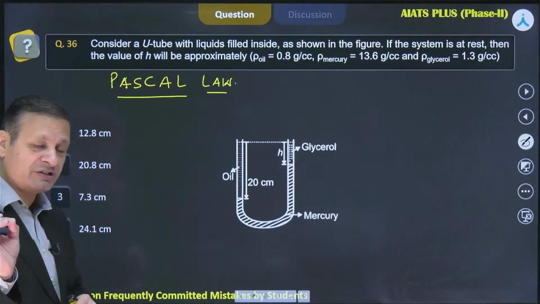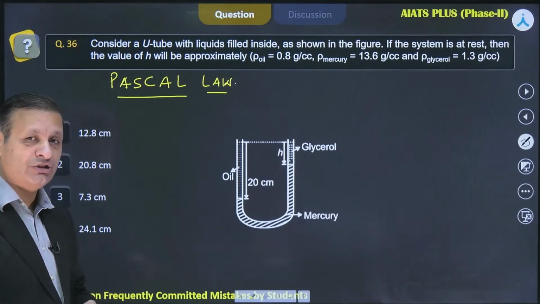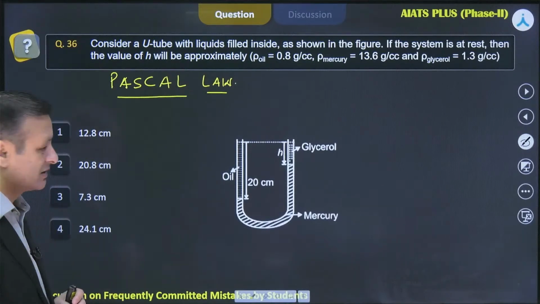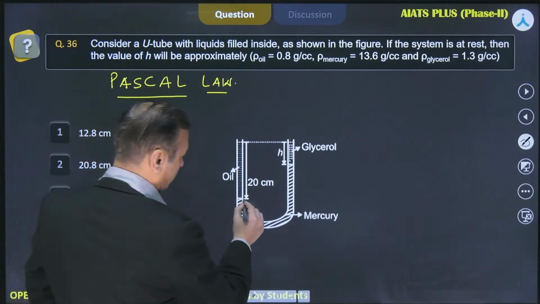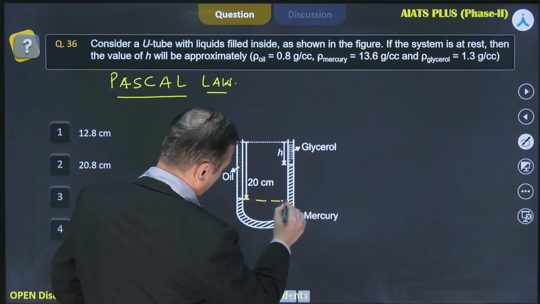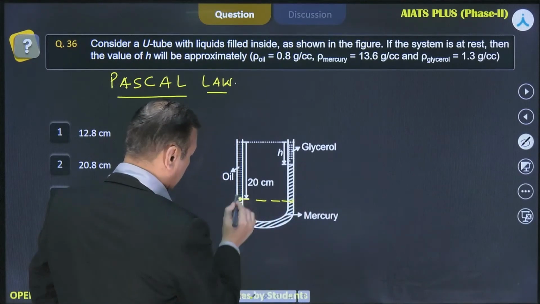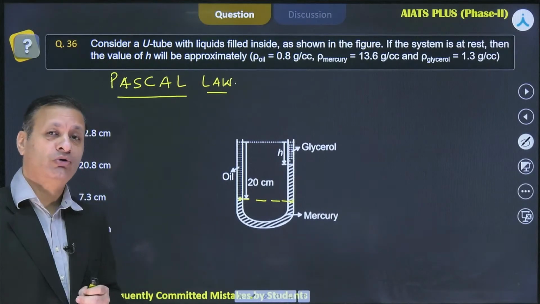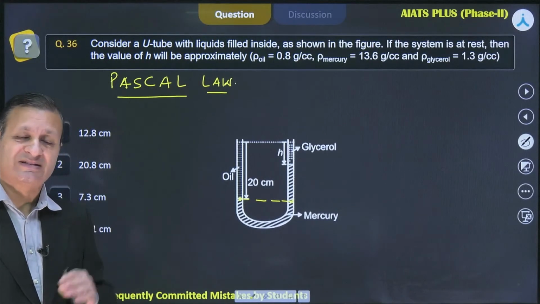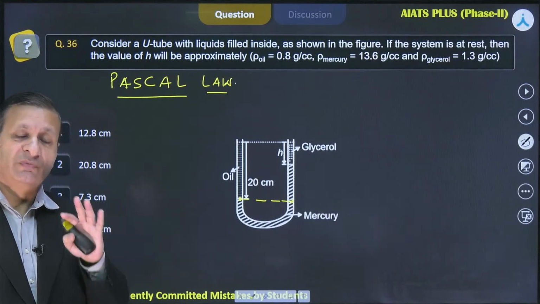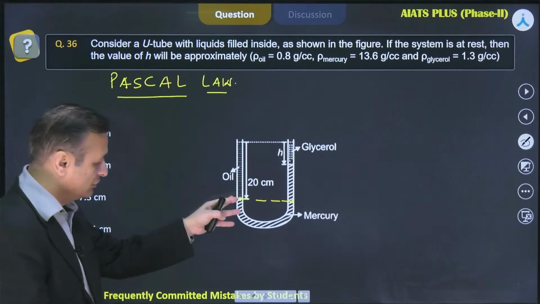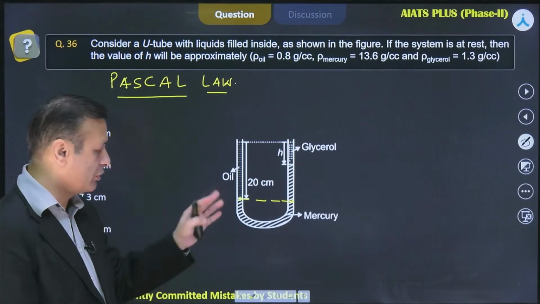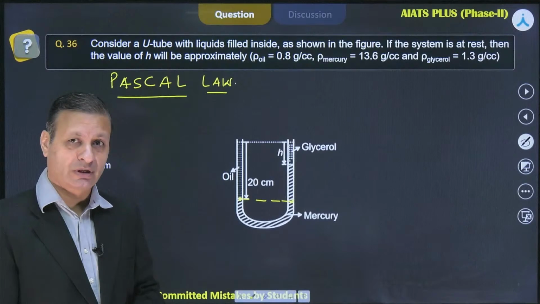So we have to first look for these 2 points where pressure is the same as per your Pascal law. An important point to be noted: these 2 points should be at the same level and within the same liquid. So these 2 points are in the same liquid, that is mercury.